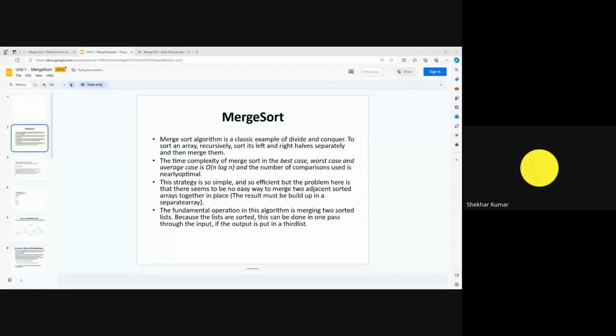Let us see with an example. Is it visible?